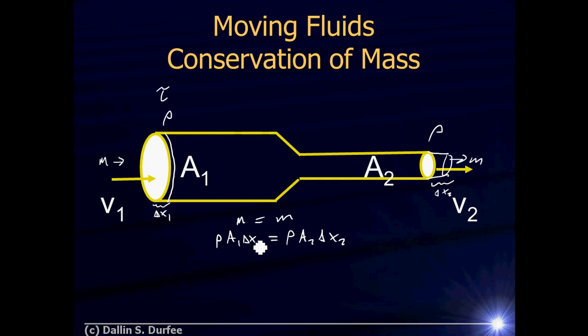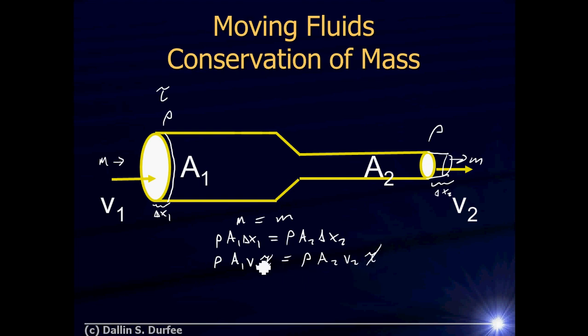All right? But then we can say, well, if my fluid flows for some time tau, delta x1 is just going to be velocity times time. So I can write this as density times area 1 times velocity 1 times time tau. And on the other side, I can write this as density times area 2 times velocity 2 times time tau.